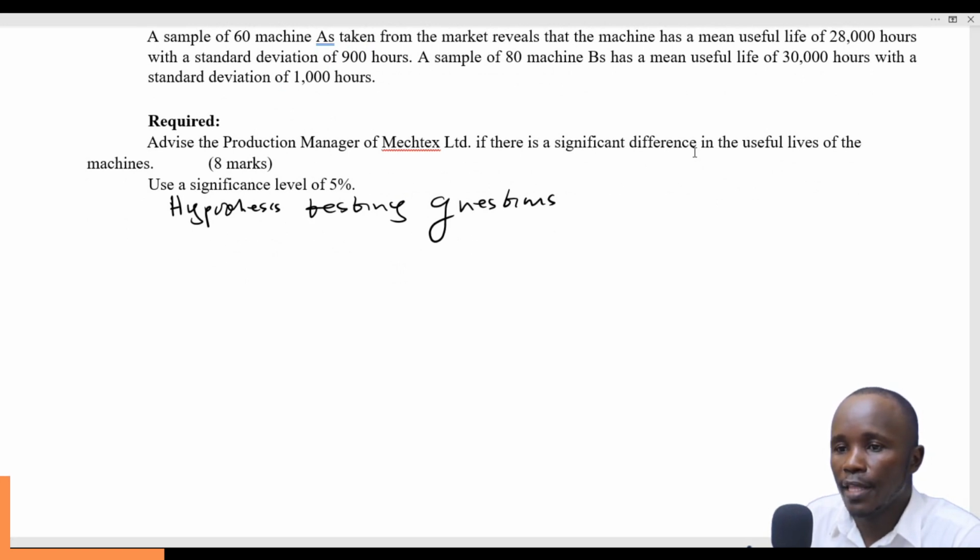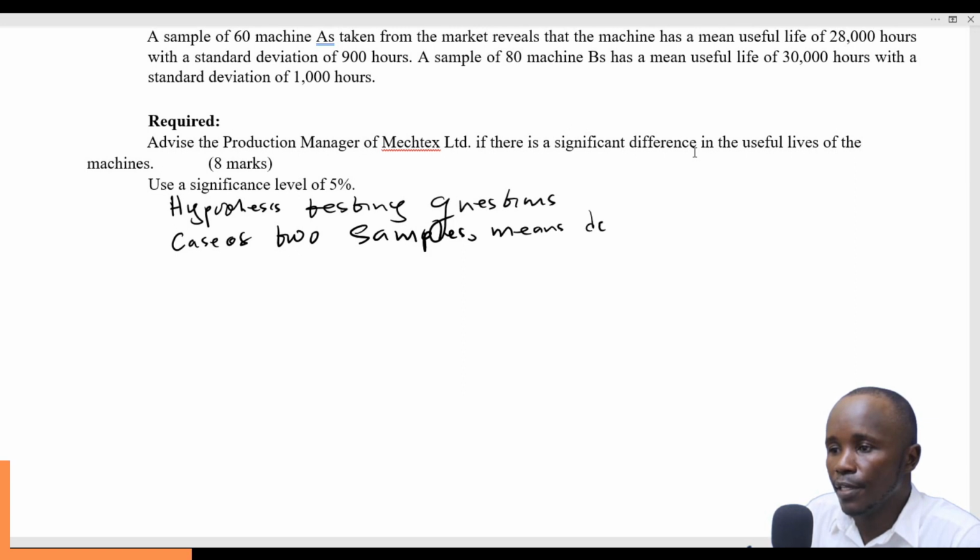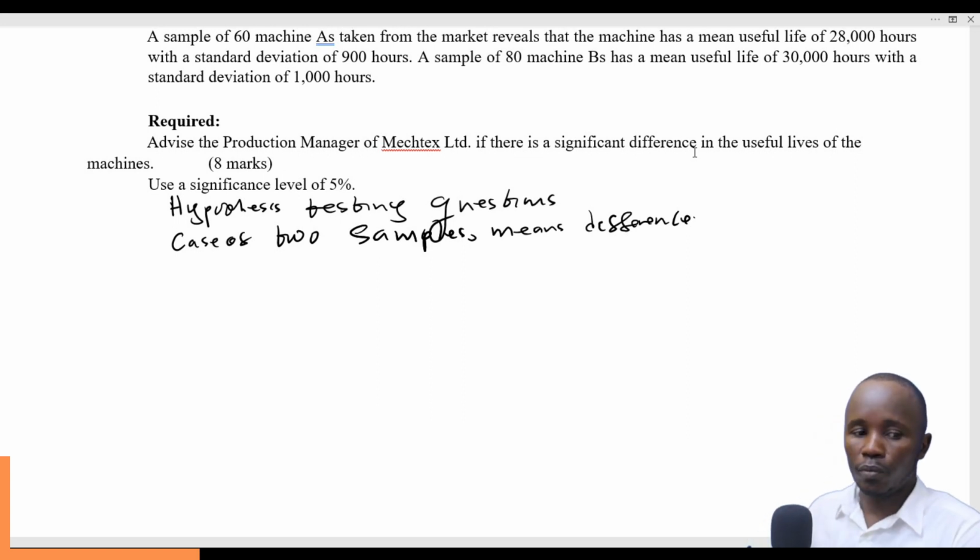This is a hypothesis testing question, with two samples, and we are specifically interested in the difference of means. We want to see, is there any significant difference in their useful life?